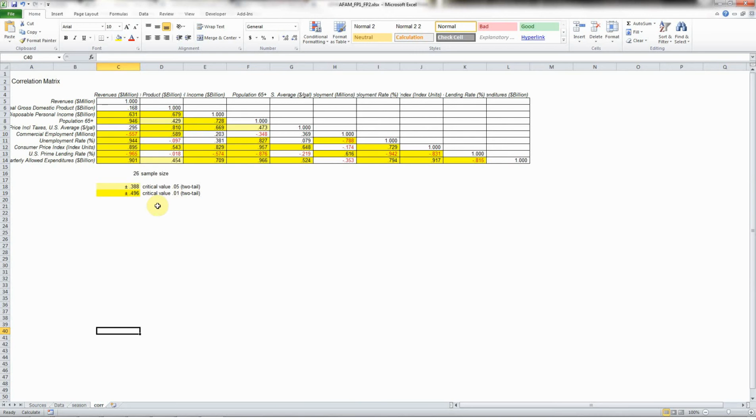So we now look at our correlation matrix, and the correlation matrix from FP2 shows us that we do indeed have a number of things that are strongly correlated to our revenues. So these are good candidates. Things with 0.9, 0.8, very good candidates for things that are likely to be useful in predicting revenues.